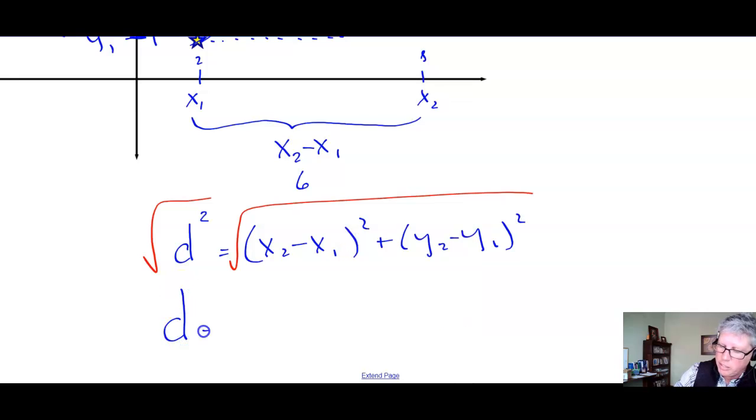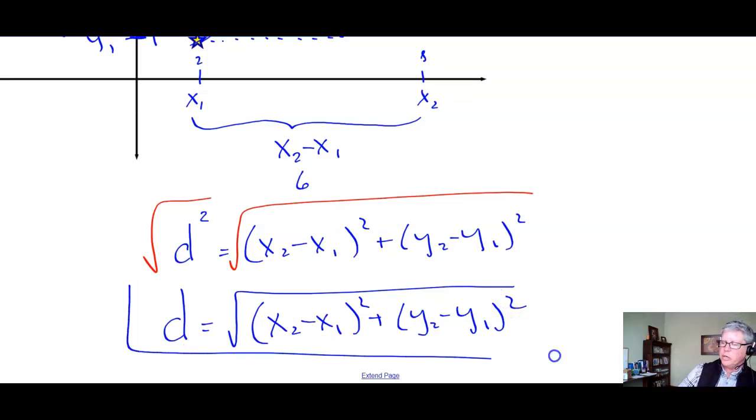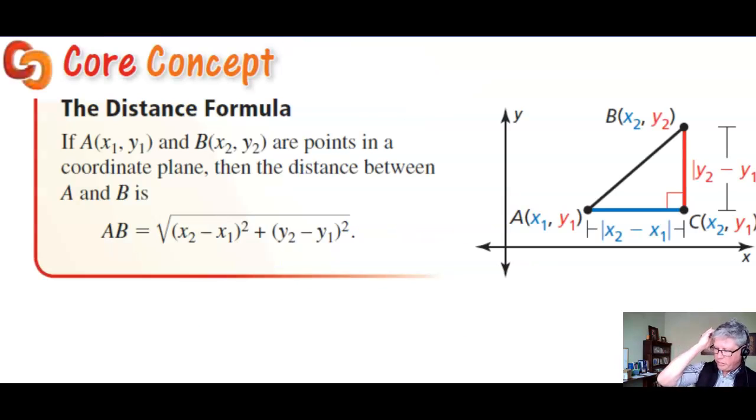So we get d is equal to the square root of x2 minus x1 squared plus y2 minus y1 squared. Circle star that, take that to the bank. There it is. If you want, they use AB, I use D for distance. Either way works.